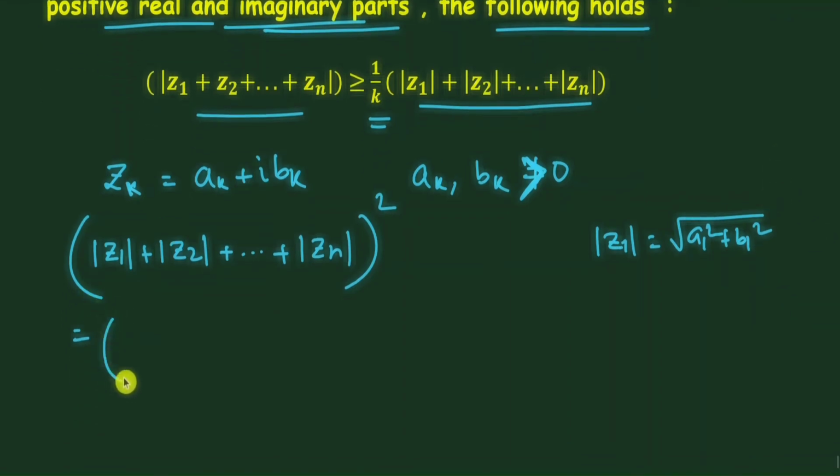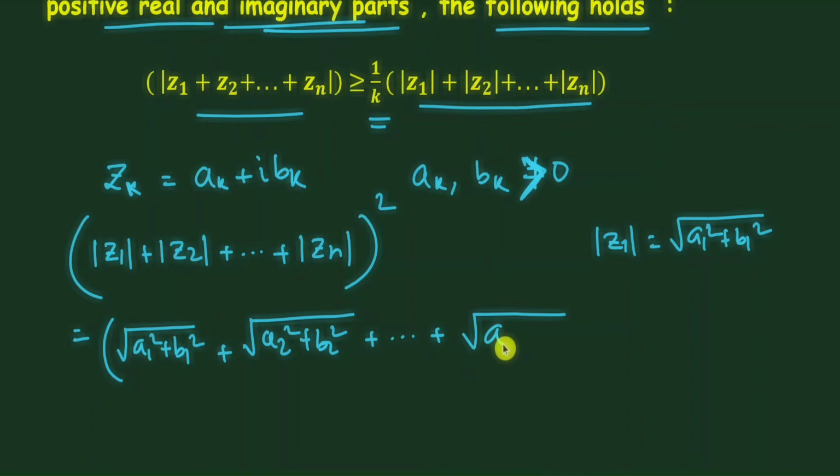So this is equal to root under a1 square plus b1 square plus root under a2 square plus b2 square plus so on plus root under an square plus bn square.